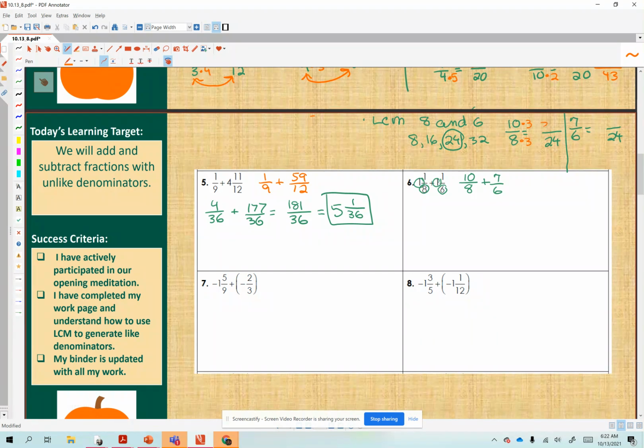Therefore, 10 times 3 is 30. 6 times 4 is 24, so we'll multiply the numerator by 4, which is 28. I think I have a mistake here. This shouldn't be a 10. This should be a 9.